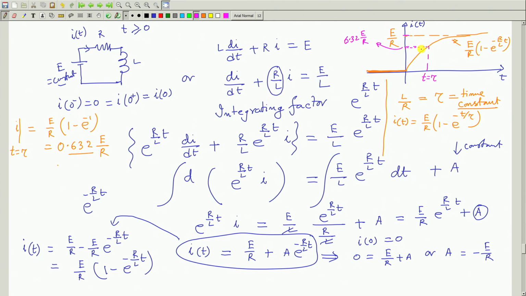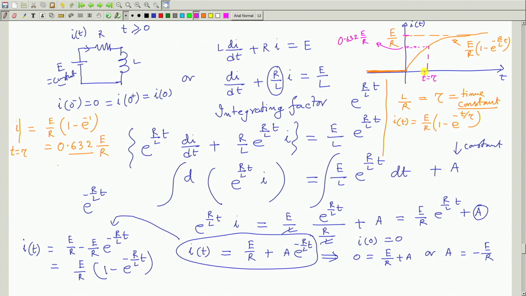After this much time, the current assumes, let me write it clearly, 0.632 or 63.2% of the final current. That much, 63%, will be achieved after one time constant.